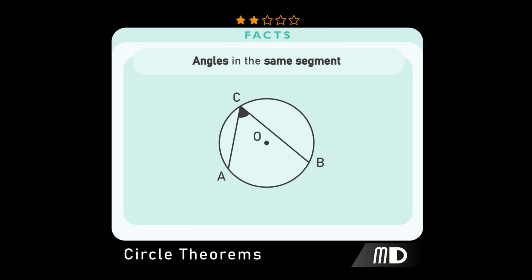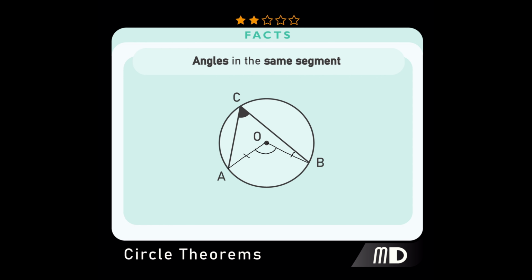A radius drawn from point A to the center O and a second radius drawn from the center to point B creates an obtuse angle at the center of our circle, AOB.